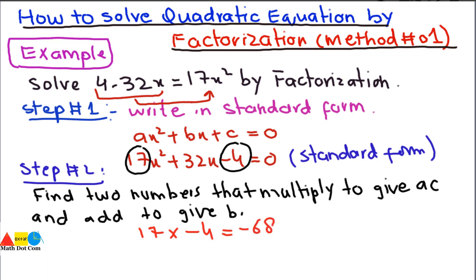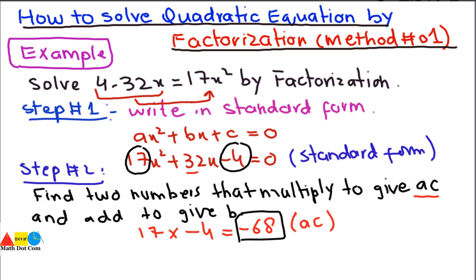Now in step 2 what we have got is AC, that is, multiplying the coefficient of x square and the constant. Now we have to find the two numbers that will add to give B, that is 32. Those two numbers will be made by using this value. It means we have to find the factors of minus 68.